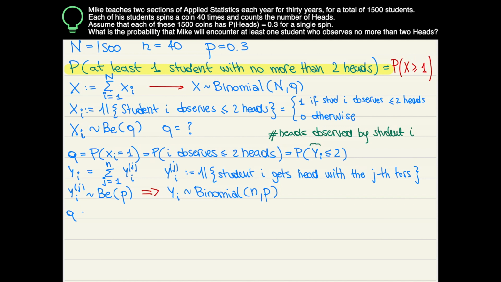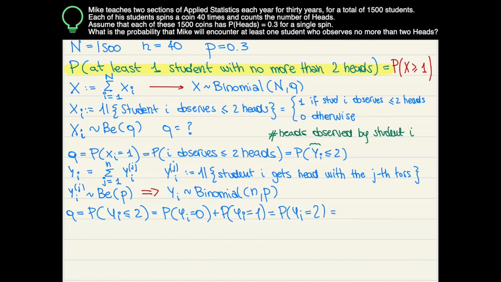We can now find q, which is the probability for yi to be lower or equal than 2, and we can calculate it as the sum of probabilities of disjoint events. q is equal to the probability for yi to be equal 0 plus the probability for yi to be equal 1 plus the probability for yi to be equal 2.